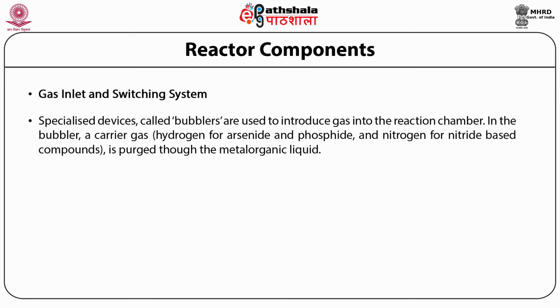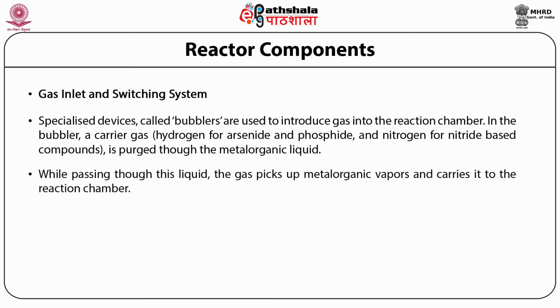In the bubbler, a carrier gas such as hydrogen for arsenide and phosphide and nitrogen for nitride based compounds is purged through the metal organic liquid, which passes through this liquid. The gas picks up metal organic vapors and carries them into the reaction chamber.